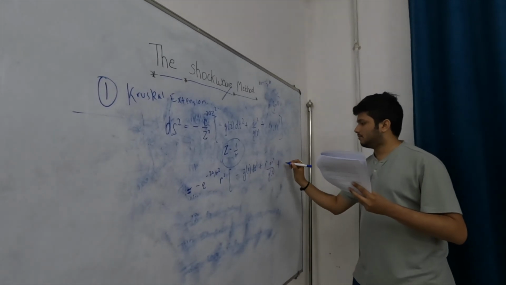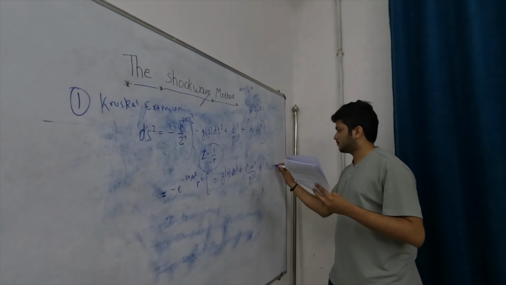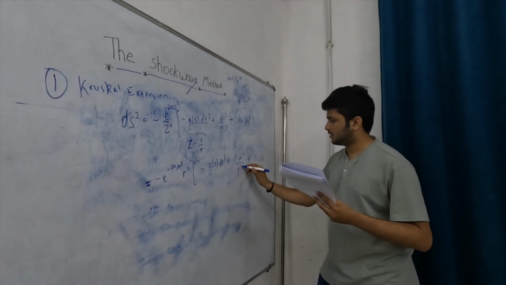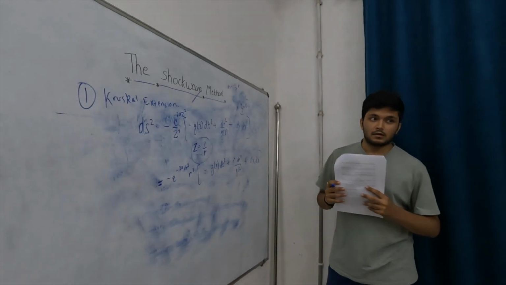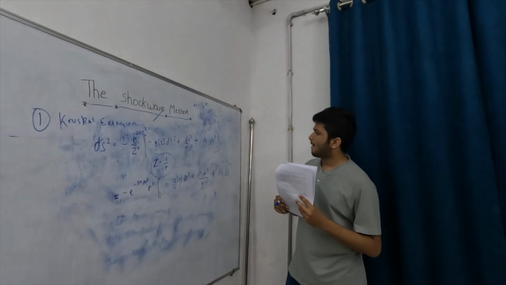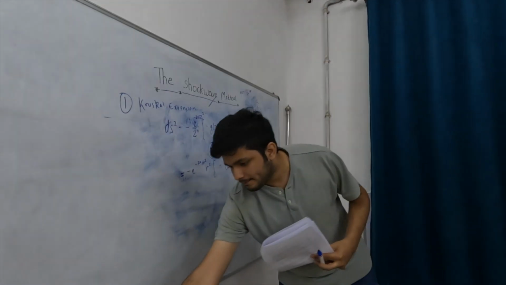And this part will remain as it is, dr squared by r to the 4, because it's r squared in the denominator.